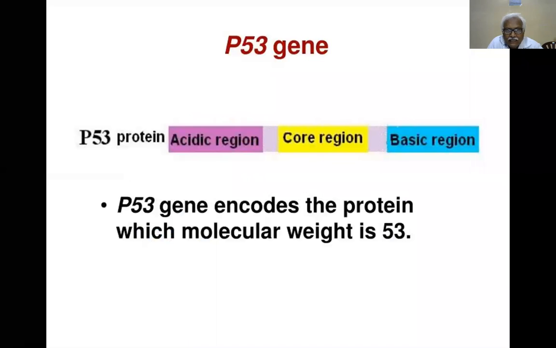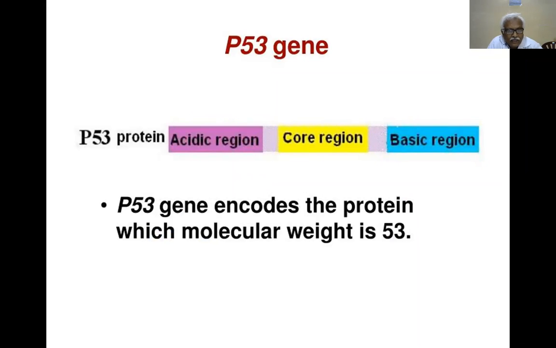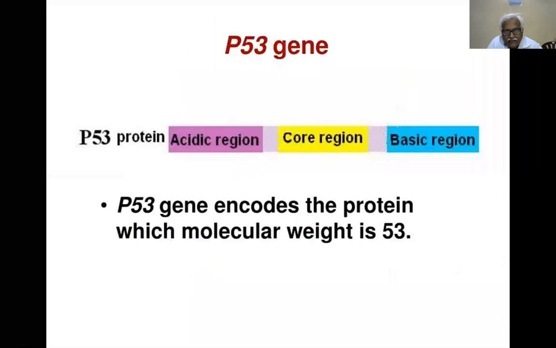Now the P53 gene. In the P53 protein, the acidic region is towards one side, the core region exists centrally, and the basic region is on the other side. The P53 gene encodes a protein with a molecular weight of 53 kilodaltons. That's why it's named the P53 protein.